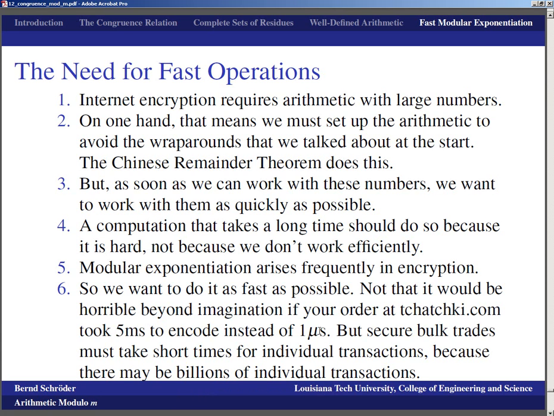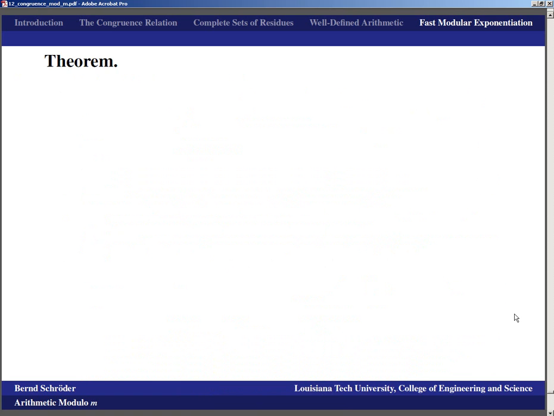However, if they all take 1 microsecond, then a billion transactions takes only 1 second, and that is something that the market can live with. So there is a distinct interest in making these operations as fast as possible, not just on a research level, but really just based on the fact that things sometimes happen in such large bulk.